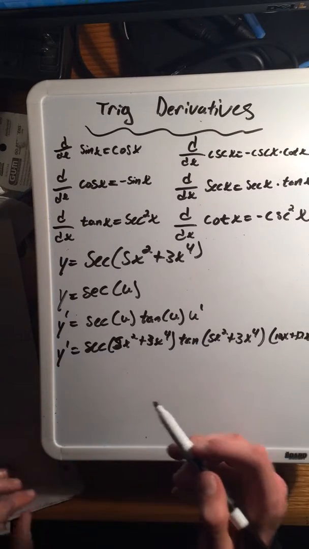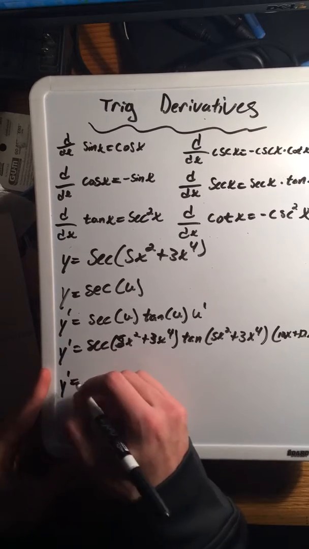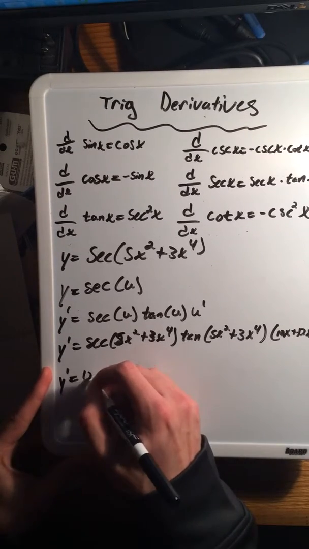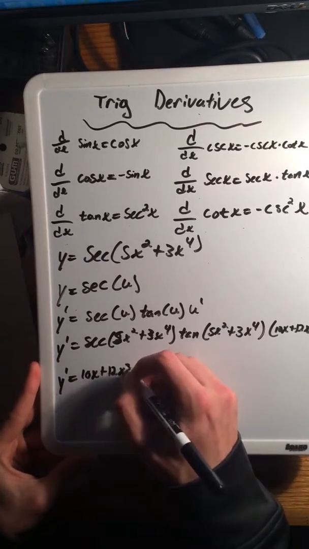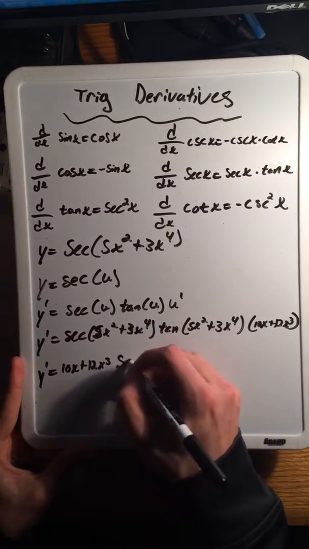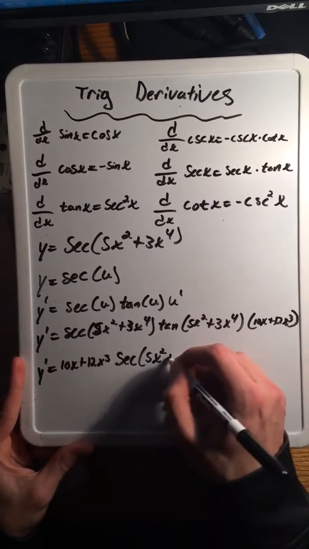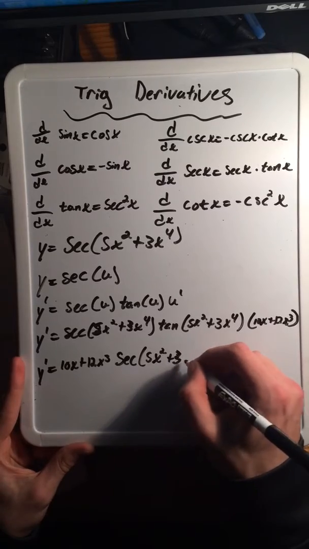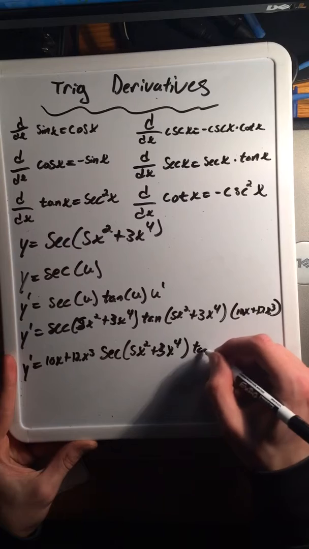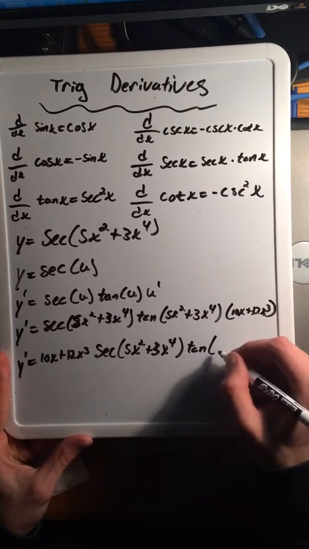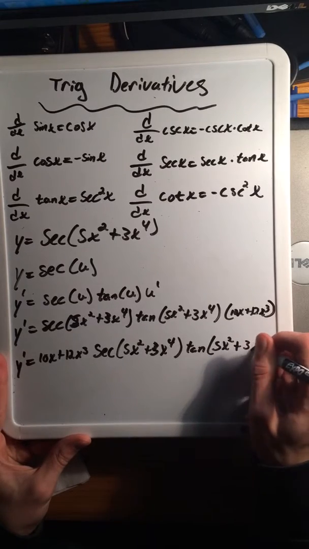Now I'm just going to bring the 10x plus 12x to the third to the front just to make it look neat. So y prime equals 10x plus 12x to the third times secant of 5x squared plus 3x to the fourth times tangent of 5x squared plus 3x to the fourth.